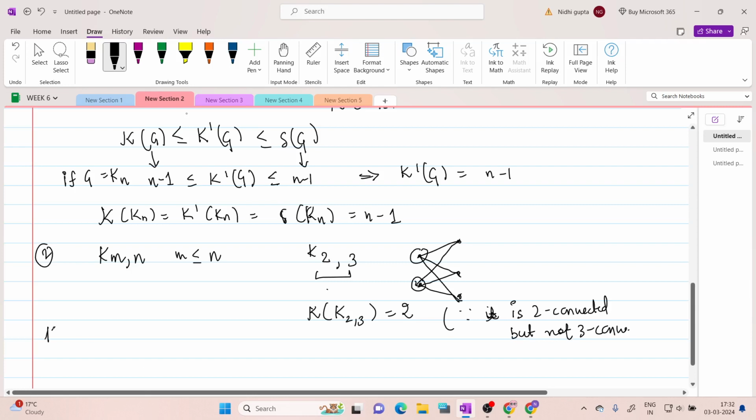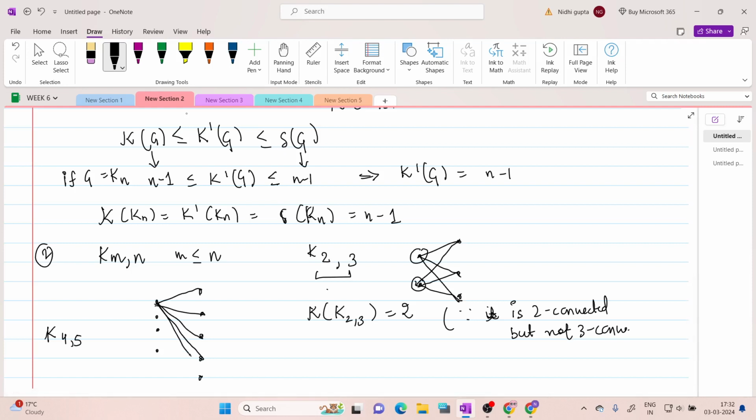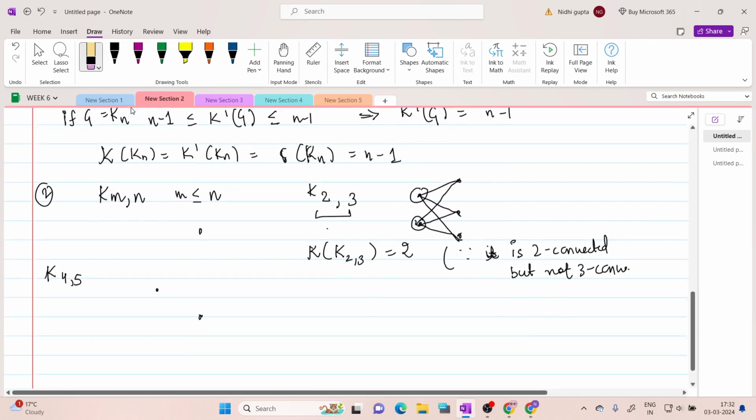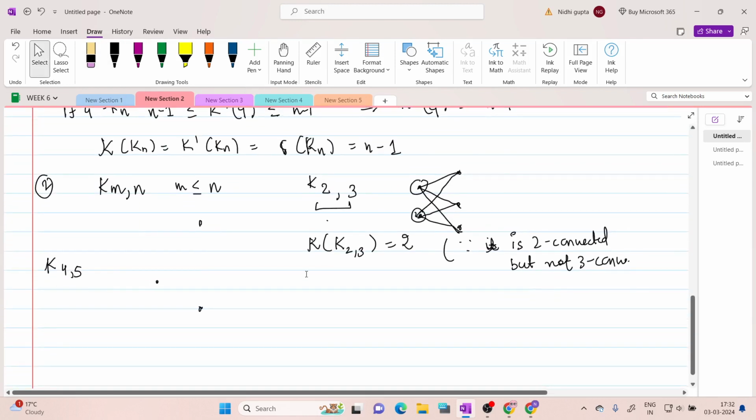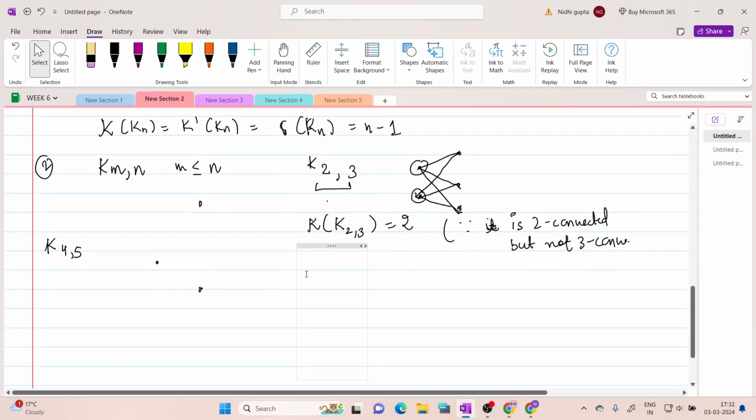What about K45? We have 4 vertices on one side and 5 vertices on the other, and we have all the possible edges. So what do you think? 4 connected. Yes. Why is the connectivity 4?